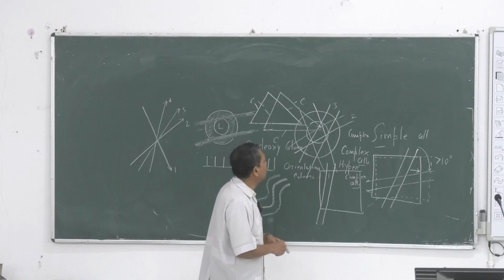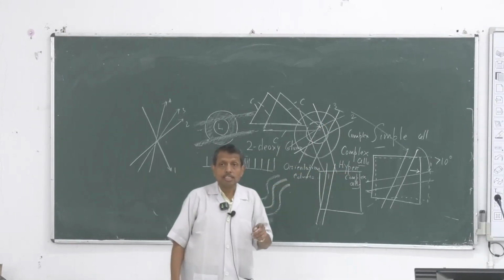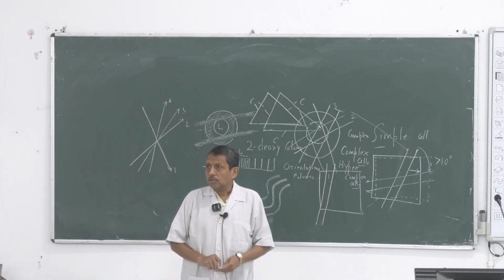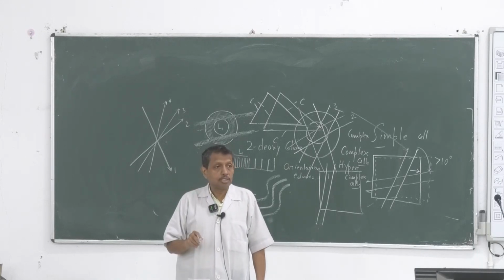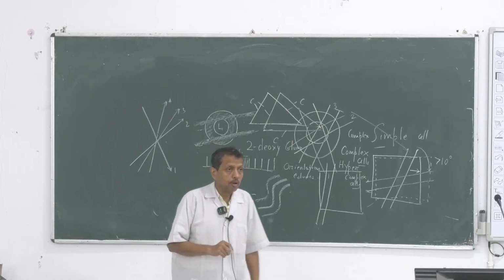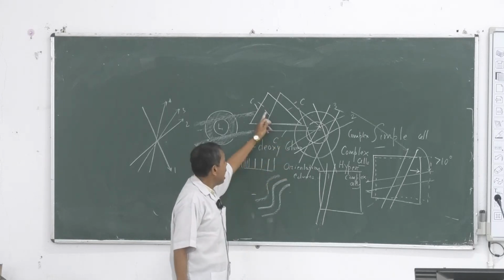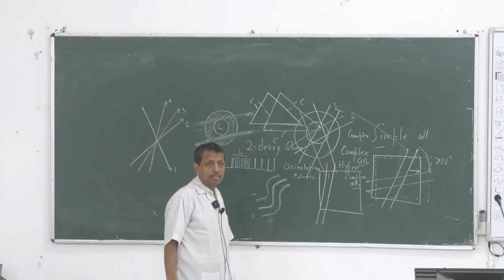Suppose in this case, the number of cells in the cerebral cortex must increase, and each has a responsibility to detect a particular orientation. Whenever this type of thing is present, when the visual fields are different and the orientation may be the same, then a simple cell is not sufficient.